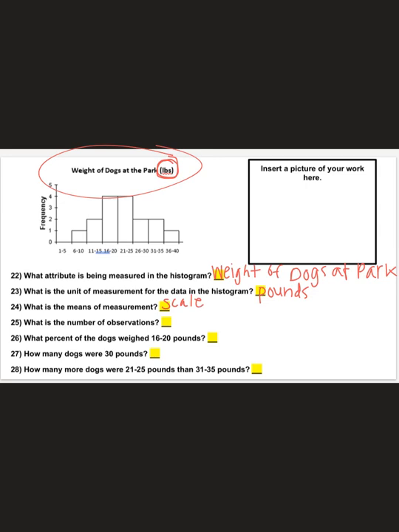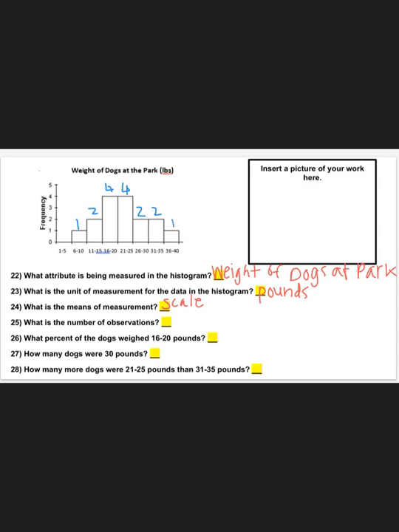And then what is the number of observations? So for a histogram, we first have to look at each bar and see how high they go. So 1 to 5 is 0, 6 to 10 is 1, 11 to 15 is 2, 16 to 20 is 4, 21 to 25 is 4, 26 to 30 is 2, 31 to 35 is 2, and 36 to 40 is 1.